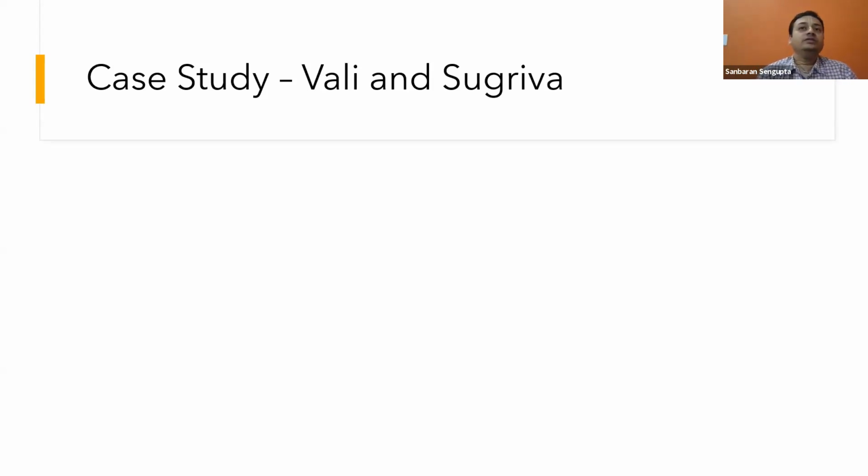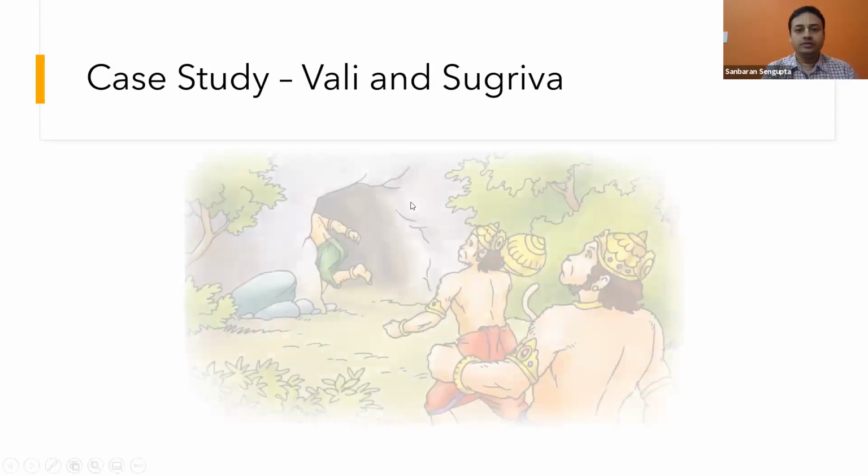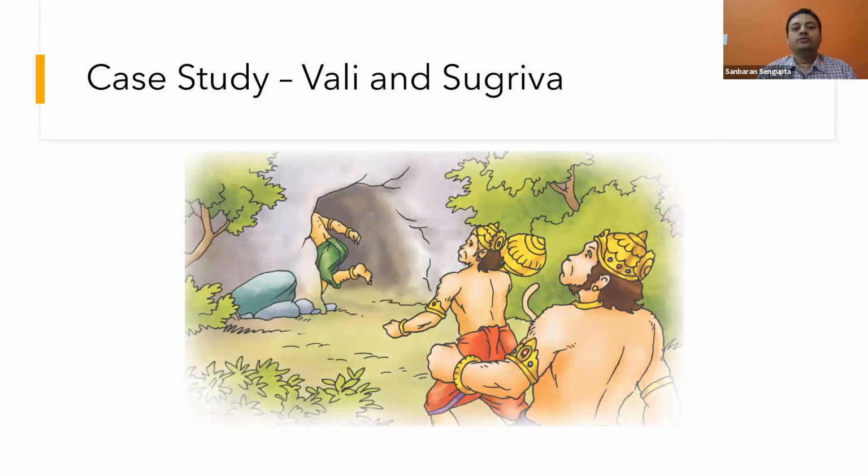They chased, and then Mayavi suddenly entered into a hole, into a cave. So when Vali and Sugriva saw Mayavi entering the cave, Vali went on to chase. And before entering the cave, he told Sugriva, "You wait here.